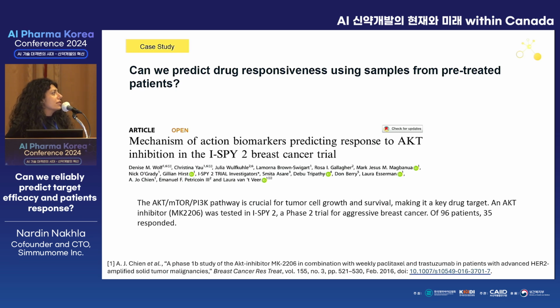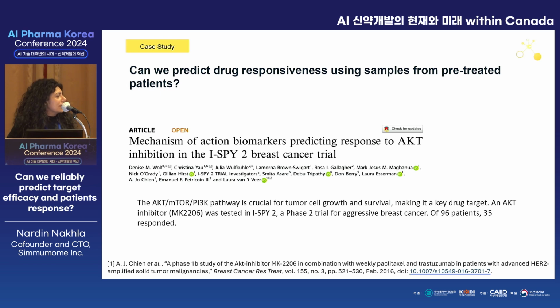the I-SPY2 clinical trials. In those multiple series of clinical trials, basically they tested multiple breast cancer drugs, and they collected transcriptomics data from the pre-treated samples of the patients. And in this specific paper, they looked at an AKT inhibitor, a drug designed by Merck.